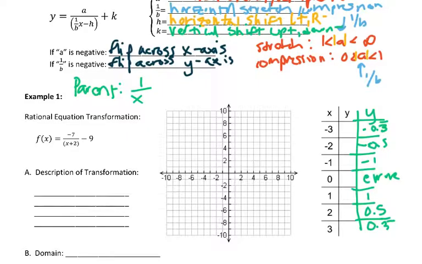So, the idea on this equation is if we graph it, let's see, negative 3, negative a third, and then 0.5, and then 1. And then this error actually means that it is an asymptote.